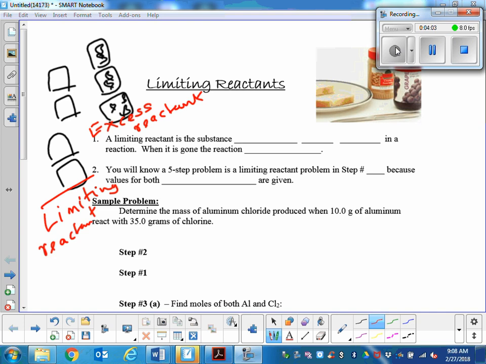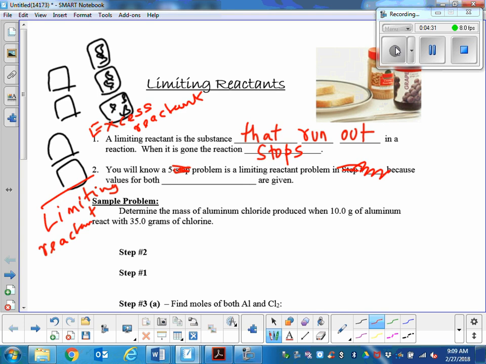So a limiting reactant is a substance that runs out in a reaction, and when it is gone, the reaction stops. You will know that a problem is a limiting reactant problem because the values for both reactants are given.